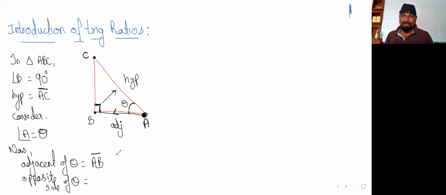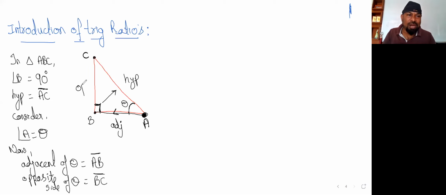Theta is at A, so A should not be there. Opposite means which side? BC. Please remember, theta is at A, so opposite means A should not be there. So which is the other side? BC.